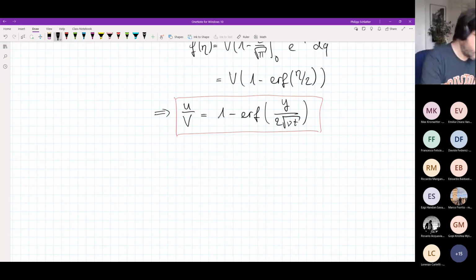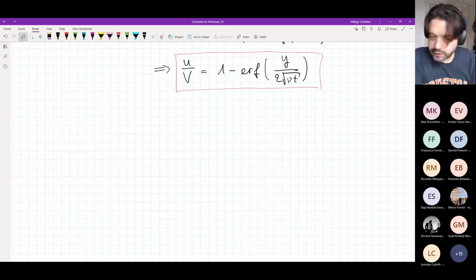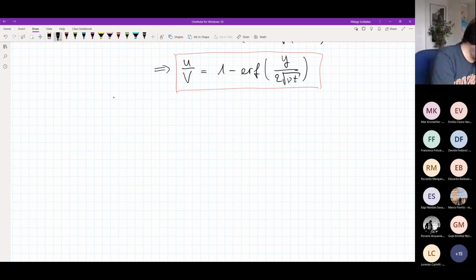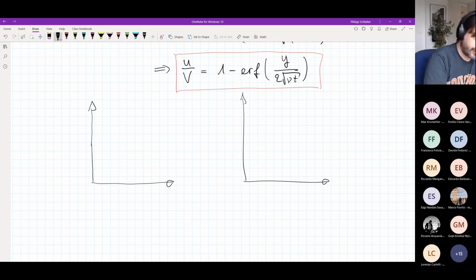Of course, now I can, and that's maybe the last thing that I would do before the break, draw this just to give you a visual impression of how the solution looks. I would like to draw it in two ways. First, in terms of the similarity variable. I would draw here u divided by v, and obviously I would start here at 1.